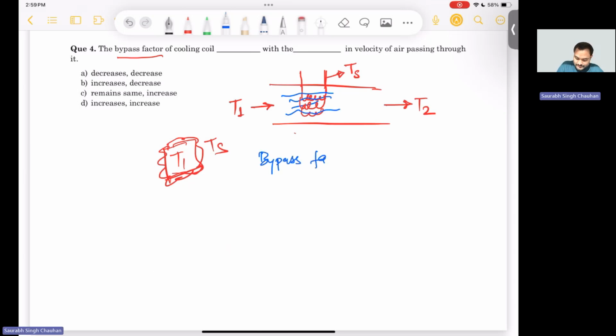Bypass factor is defined as x is equal to T2 minus Ts divided by T1 minus Ts, okay?